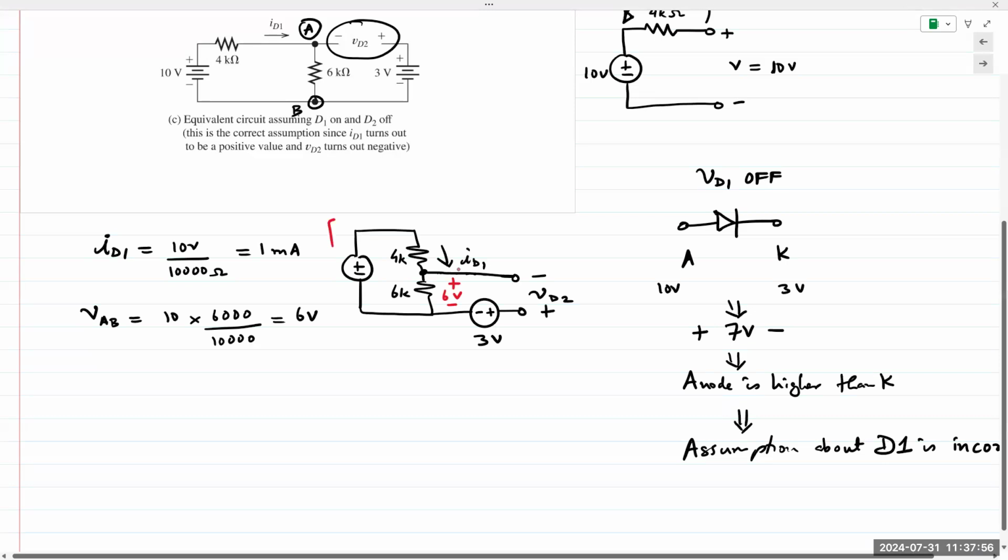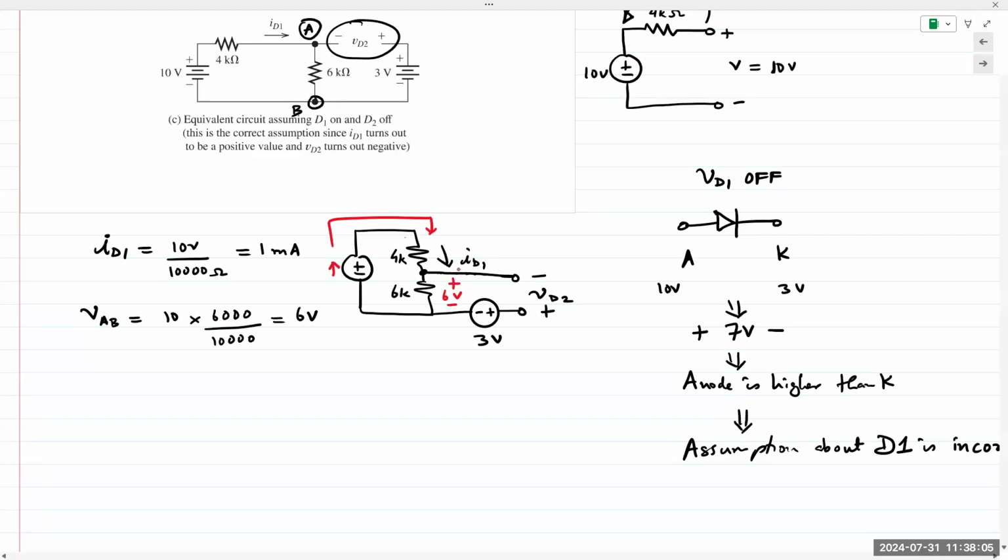And again, here's where the circuit analysis technique comes into the picture. Current from this 10 volt source goes from minus to plus, so it causes a voltage drop in this direction. Because it's 10 volts and 10,000 ohms, it's easy to see. It's 4 volts and 6 volts, with a plus up top and minus at the bottom. It gives me 6 volts.